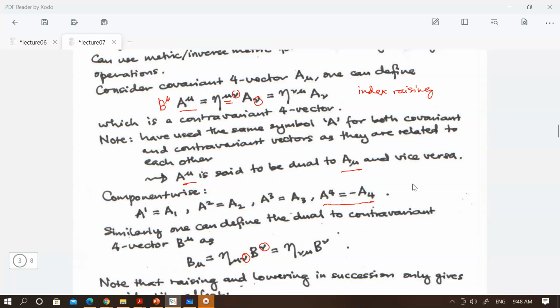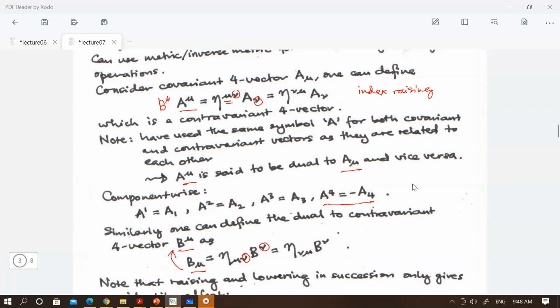What's going to happen when you contract this is that there will be a free index at the bottom on both sides of the equation. That is essentially what we call the dual vector: this B_mu is the dual vector to that. So it's just the same thing as before.